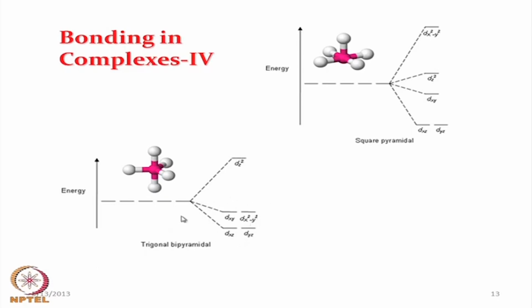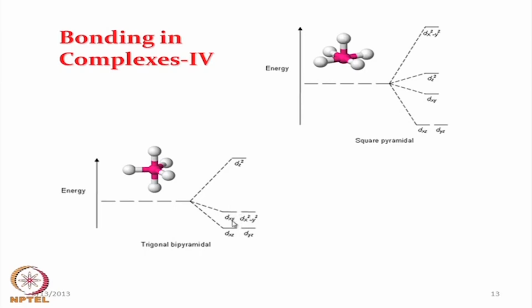So this particular geometry is a different one compared to the previous one. If we have any compound interconverting between square pyramidal and trigonal bipyramidal geometries through pseudo rotation, we will find that the magnetic property will not change for nickel 2, palladium 2 and platinum 2 compounds, because all these 4 levels will be occupied by 8 electrons and all of them will be paired.